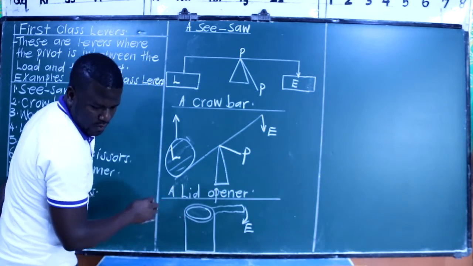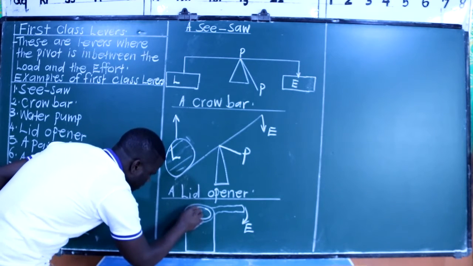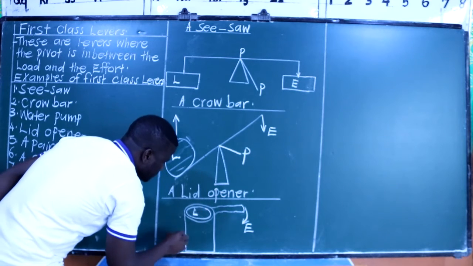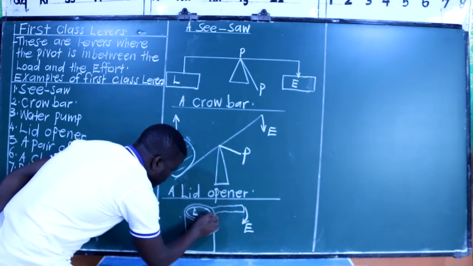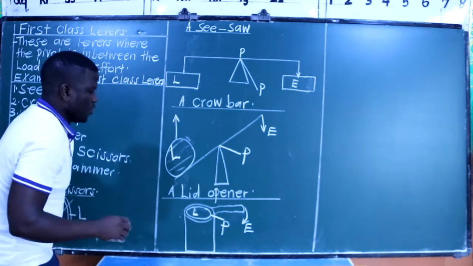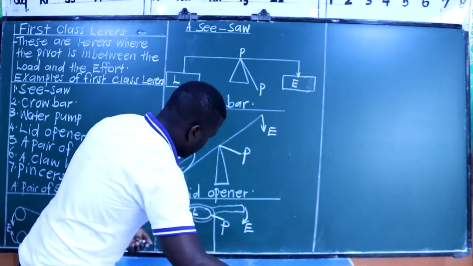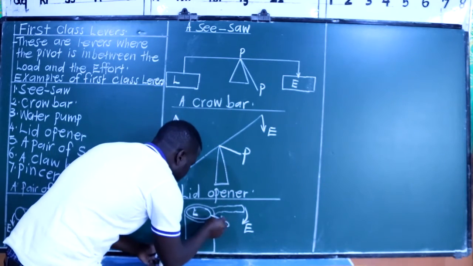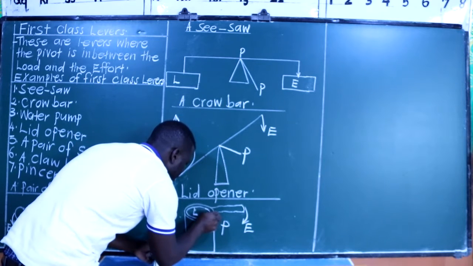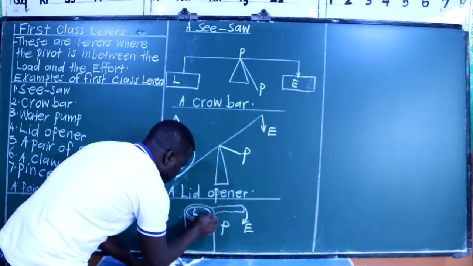Then the lid will be the load. Then the pivot will be there. So the pivot is in between the load and the effort.